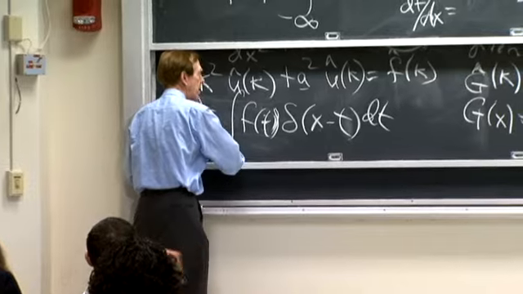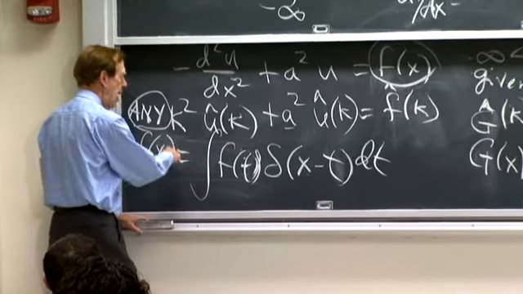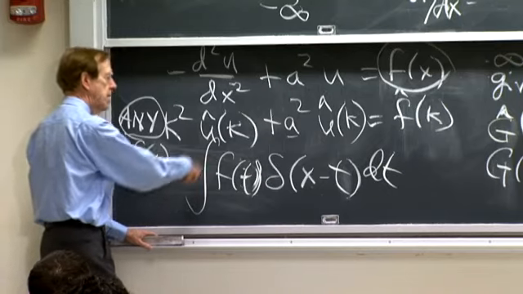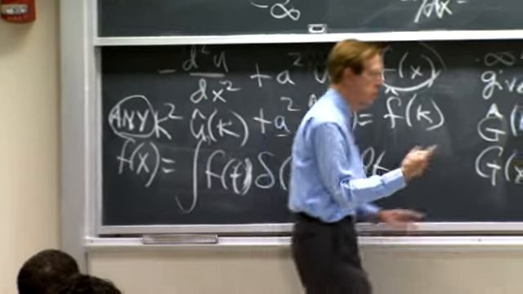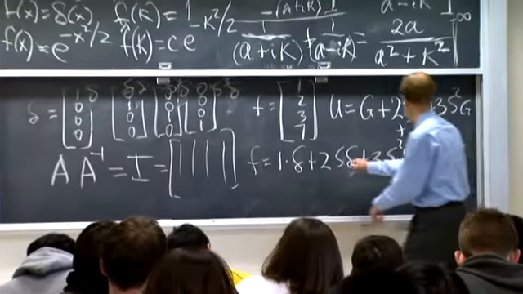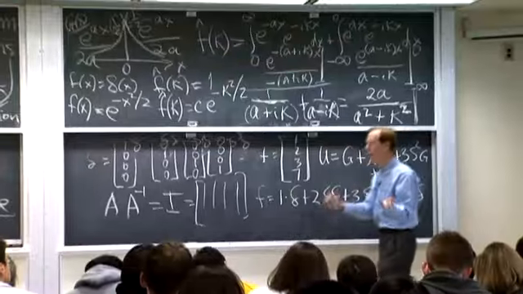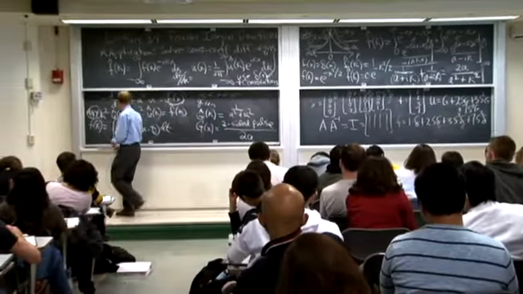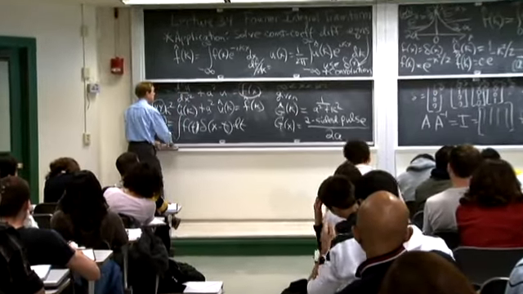Let me put it on the board above. So this expressed my f of x as a combination of deltas, just the way over here I expressed 1, 2, 3, 7 as a combination of deltas. Now what's the function u, the solution that comes from f of x?